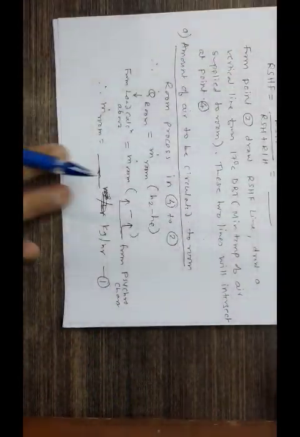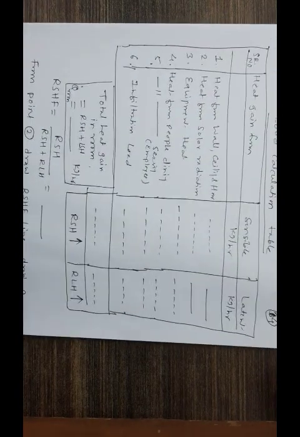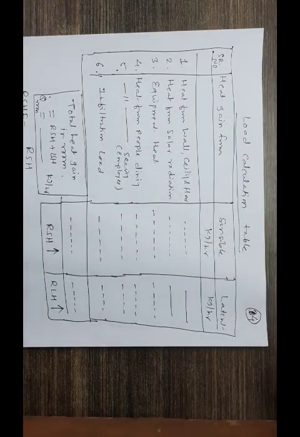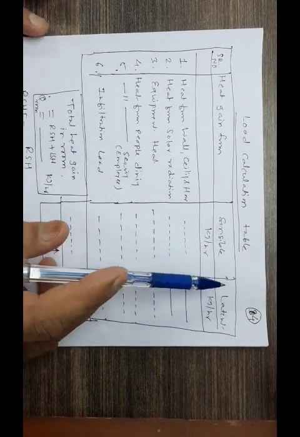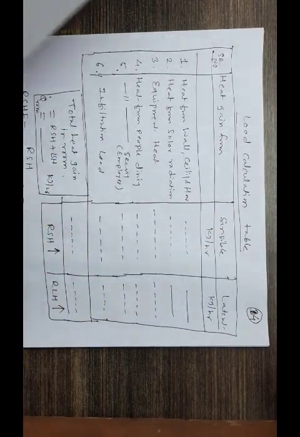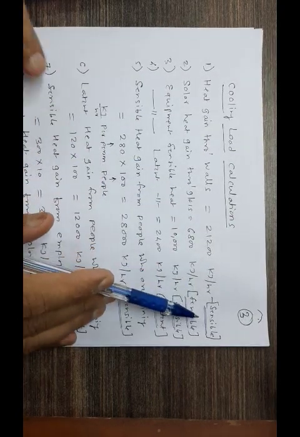Now, having done this, we'll make a table indicating all these loads as per the categories, sensible or latent. So let's go back and see what we have done. Heat gain through the walls, first part, sensible.